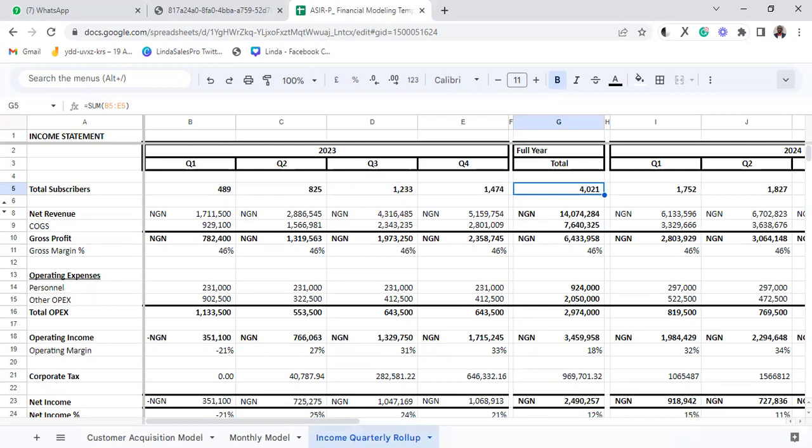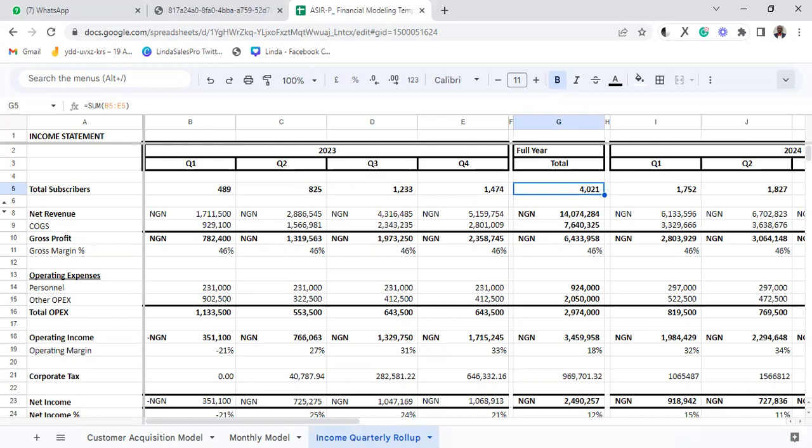So you can easily say, by the end of 2023, we are projecting a total of over 4,000 subscribers. So that is 4,021 subscribers. You can be specific and say you are looking at about 4,021 subscribers.